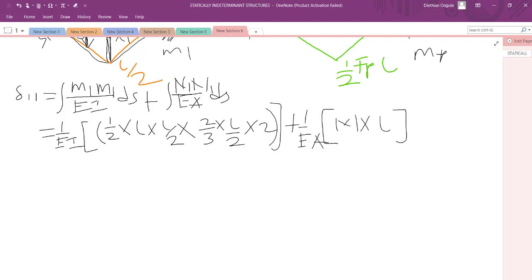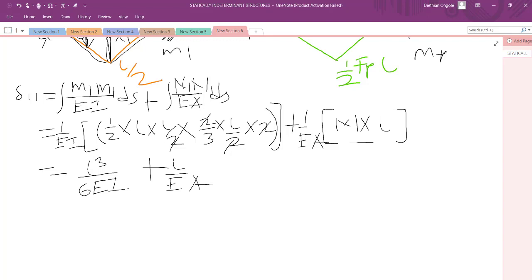So this one would give us L. This one and this would be cancelling. This one and this would be cancelling. So we get 1 over 6, L cubed over 6EI. Then plus, from here, we get L over EA. Remember that we have been given the relationship between the I and the A, in that I over A is equal to L squared over 10.